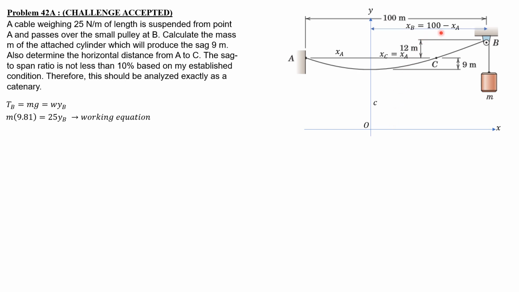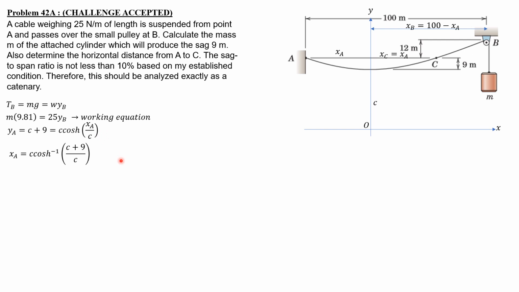So that is XB, which is 100 minus XA. So again, YA is C plus 9, so it is C cosh of XA over C. So therefore, XA is C times inverse hyperbolic cosine of (C plus 9) all over C. So that is the value of C.